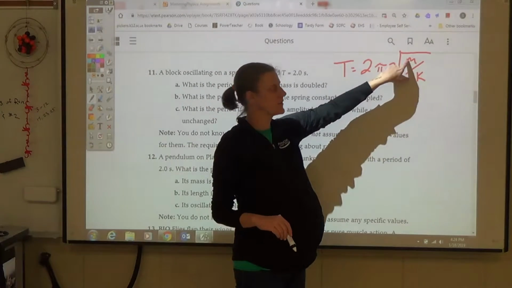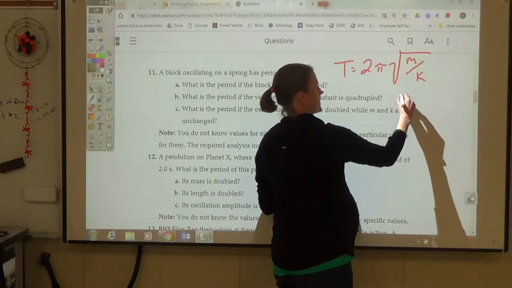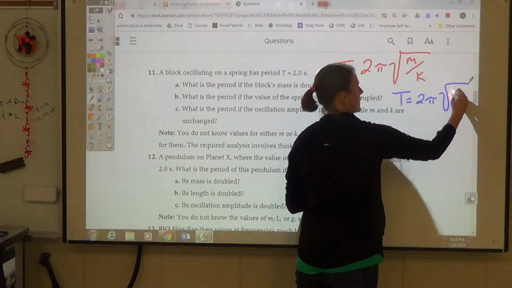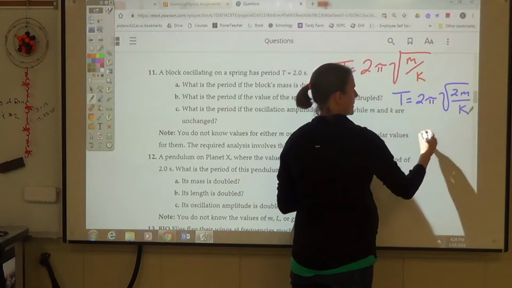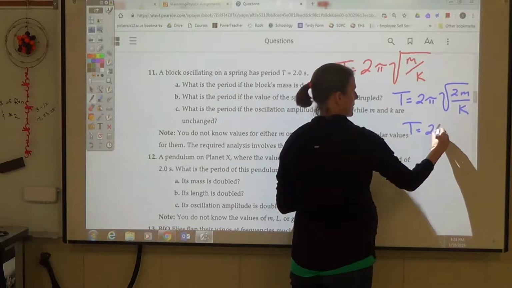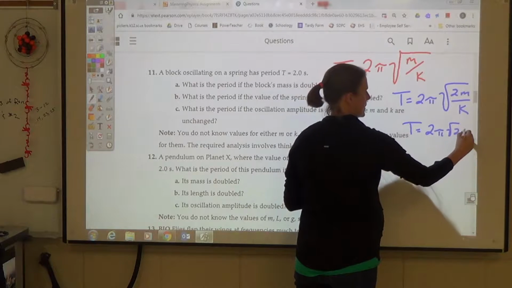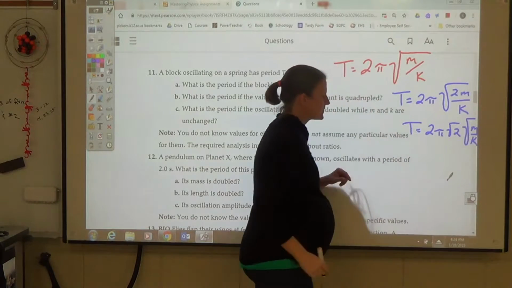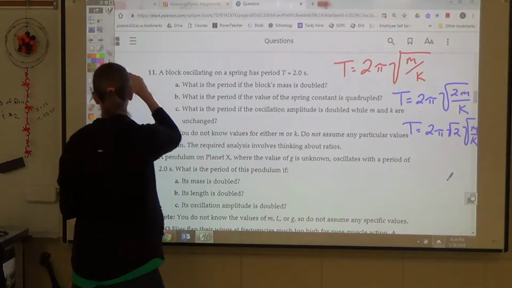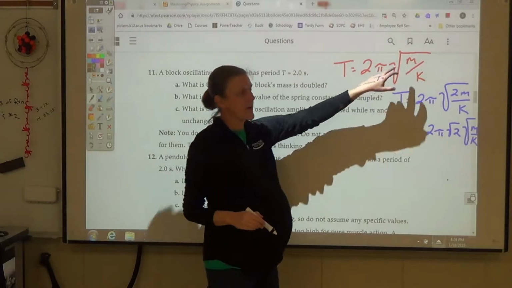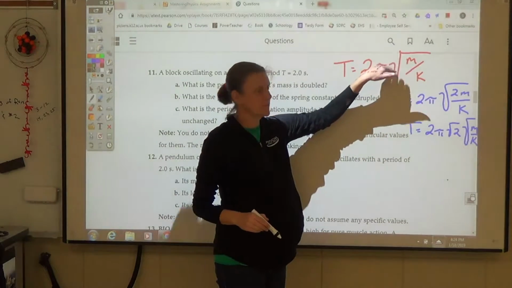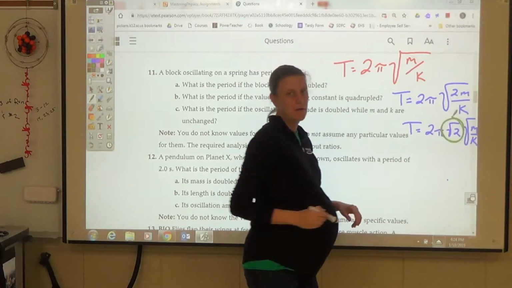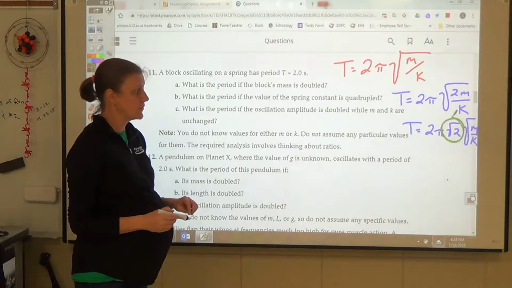Well, if I throw in a factor of 2 for the mass, note that it is under the radical. So I really am changing my period by a factor of square root of 2.